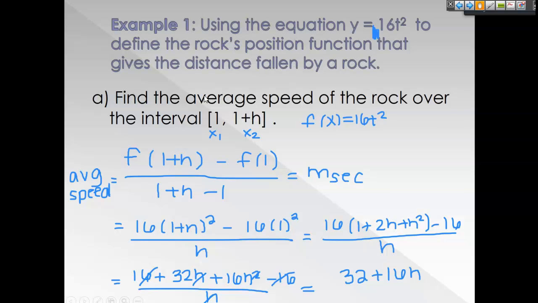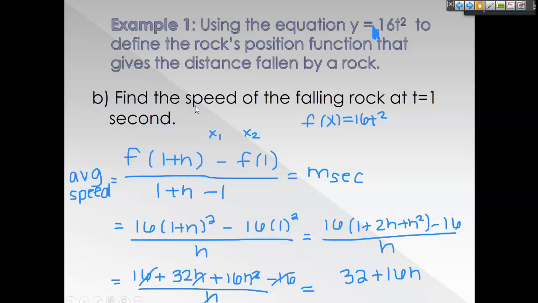So if you wanted to know the average speed after 3 seconds, then the change would be 3, and that would be 32 plus 16 times 3. If you wanted to know the average speed after 10 seconds, then your h would be 10, because h is representing the change in time from 1 second. This is only from 1 second.